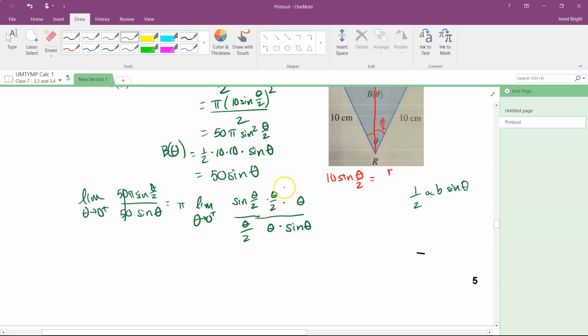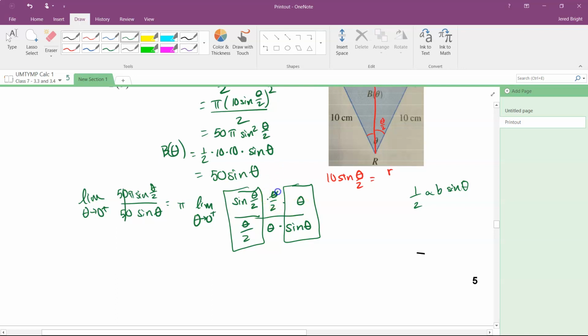And what this is going to allow me to do is, I've kind of set it up so that this and this, I could use that limit property to recognize that it's just going to be 1. This one you'd have to do a little bit more work, do the reciprocal, and so on. It ends up being 1 as well.